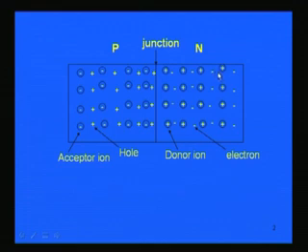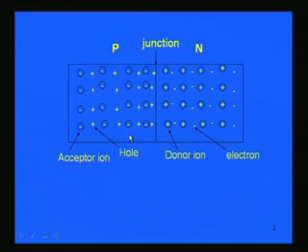So, now we have holes as majority carriers in the p-type and electrons as majority carriers in n-type, along with the ions, acceptor ions on the p side and donor ions on the n side, which are negatively and positively charged respectively. Now, there will be a concentration gradient of holes from p to n side, as well as a concentration gradient of electrons from n to p side.